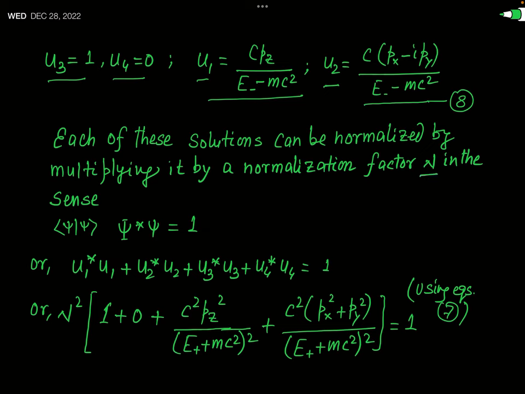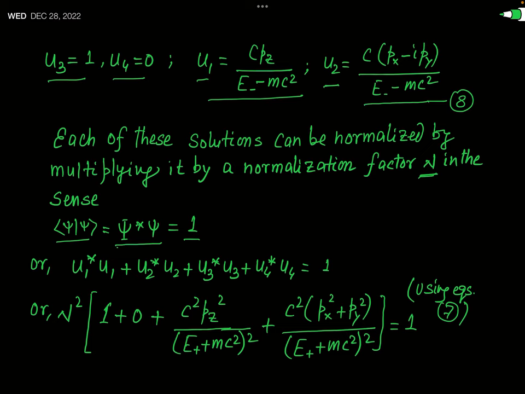In this condition, when we substitute the values of u1, u2, u3 and u4, we will simply multiply those values by this normalization factor n. Now you know the condition for normalization is the scalar product of psi with psi, that is psi star psi, equal to 1. This is the normalization condition.